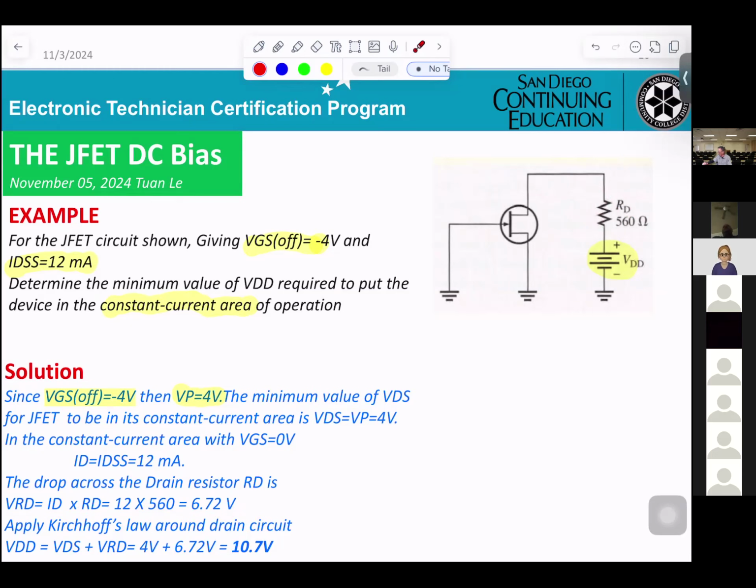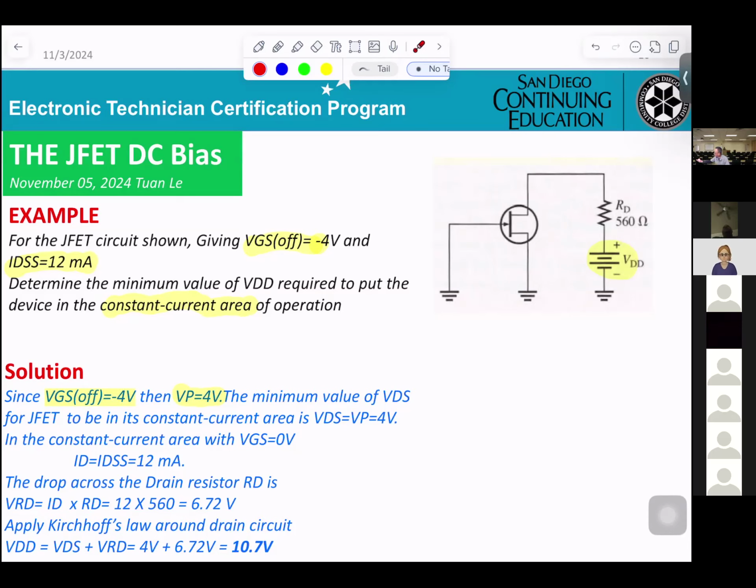Apply Kirchhoff's law around the drain. That means the law here. You can say VDD equal VDS plus VRD.